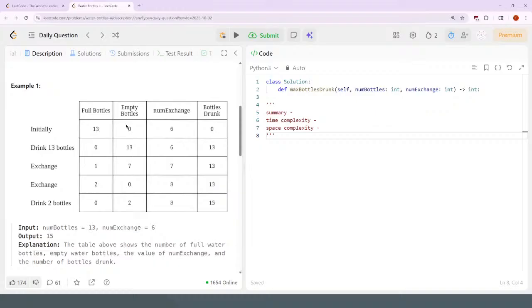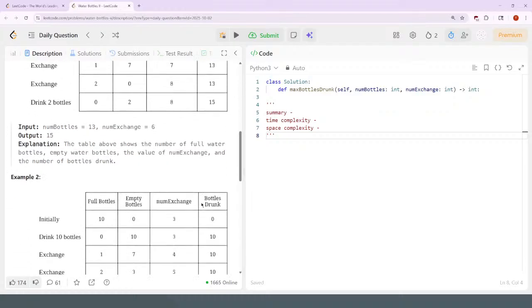So if you start with 13, the exchange rate is 6. Drink 13, there's 13 empty water bottles. You exchange 6 and 7, which means you get 2 full back. Drink 2 more. Exchange rate's 8, so that's as much as you can.